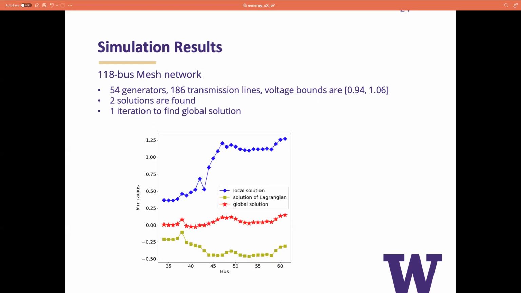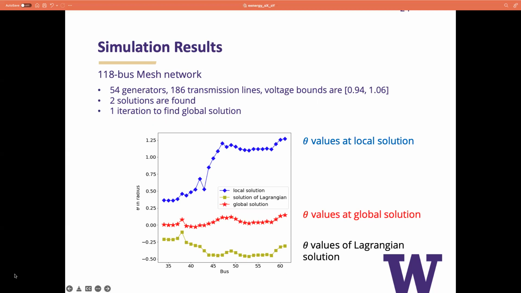In this figure, I choose a subset of buses to show the solution of the phase angles. The blue line is the local solution, and the red line is the global solution. The yellow line is the solution of the partial Lagrangian.